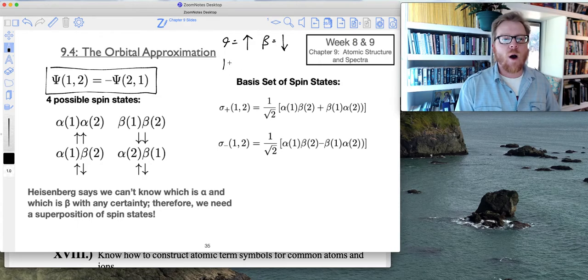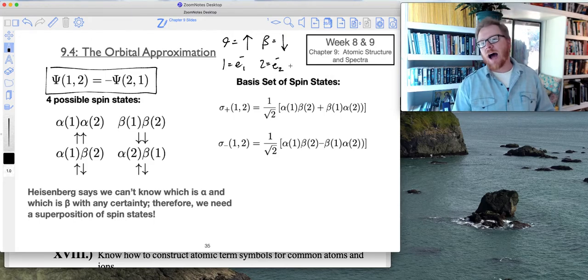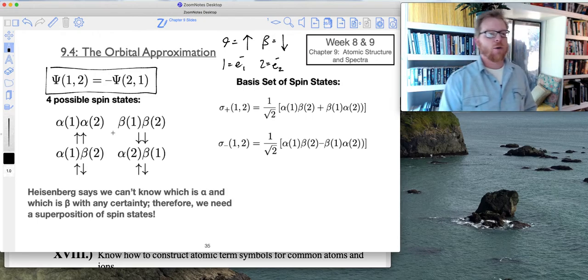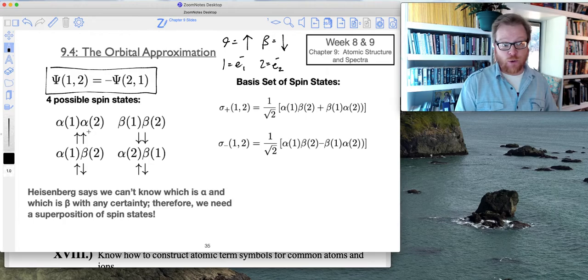The number 1 is electron number 1, and the number 2 is, you guessed it, electron number 2. So how do my 4 possibilities work out? Well, I have one possibility of just alpha 1, alpha 2, in other words, where both of them are spun up. That's one possibility. I could have both of them in the beta spin state, both spin down.